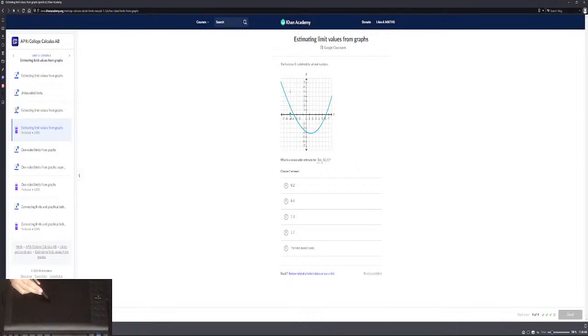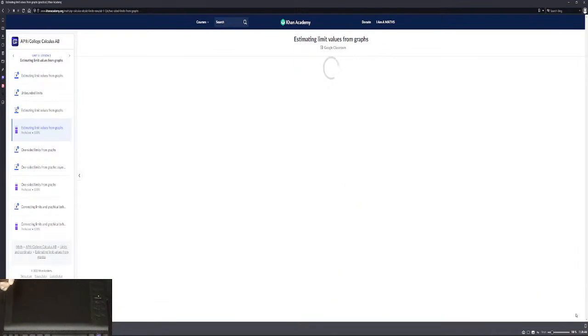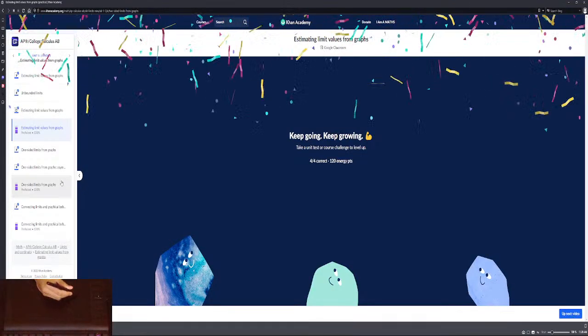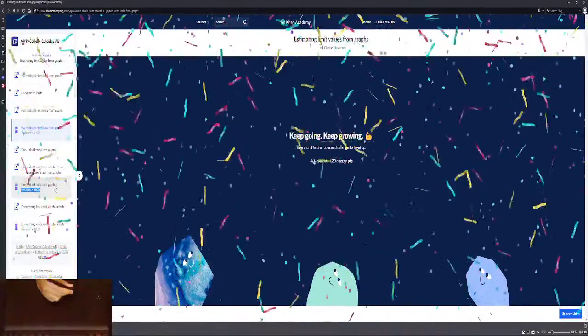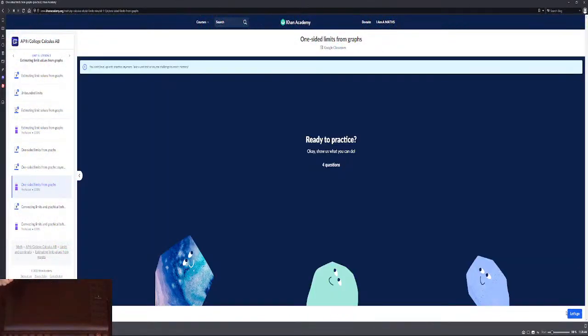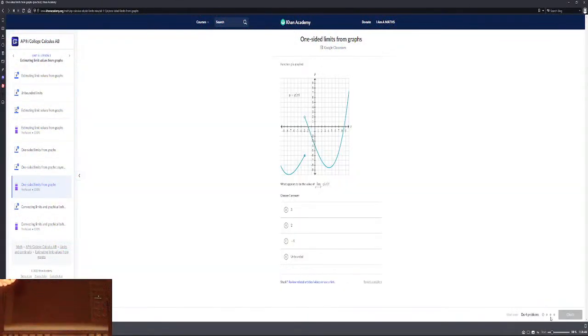There's a removable discontinuity at 0.2, and as the function approaches -5, the limit is 1.7. -3.